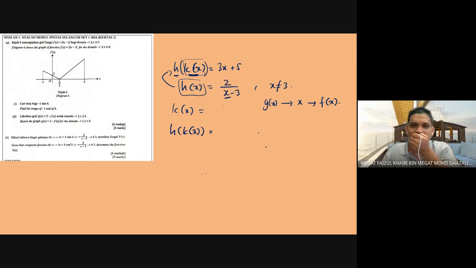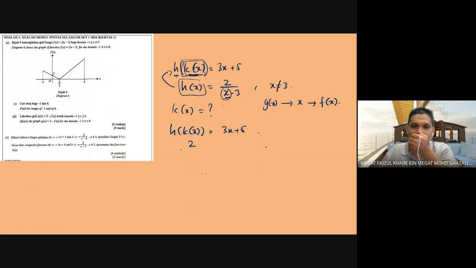Given here, h(k(x)) equal to 3x plus 5. Okay, now, so k(x) is the function that we are trying to figure out. h(x) given here is 2 divided by x minus 3. So we substitute the function k(x) into x of the function h.